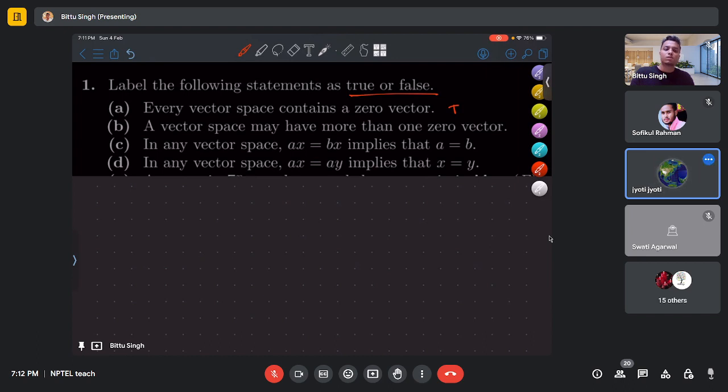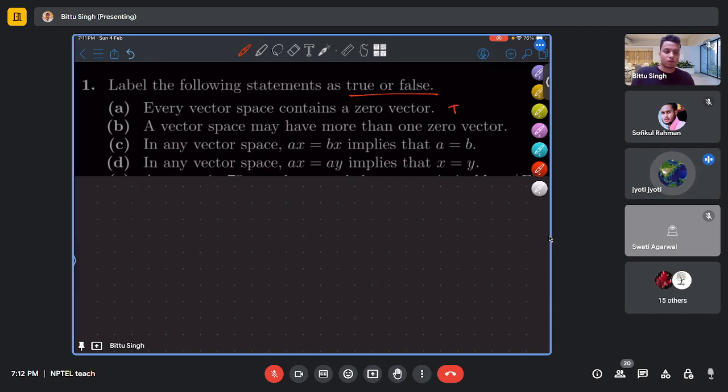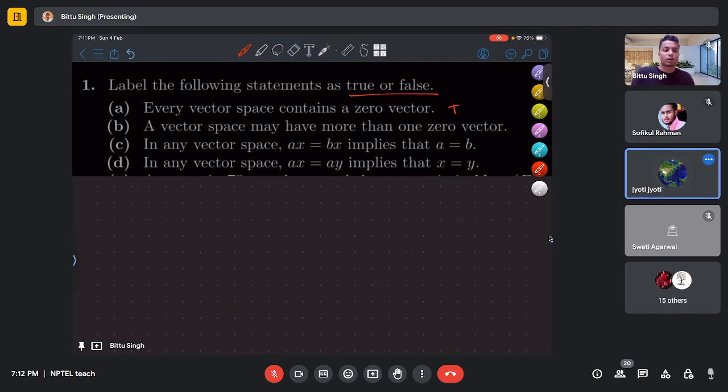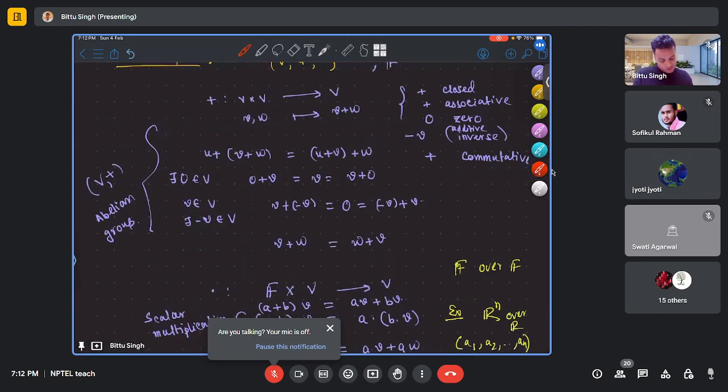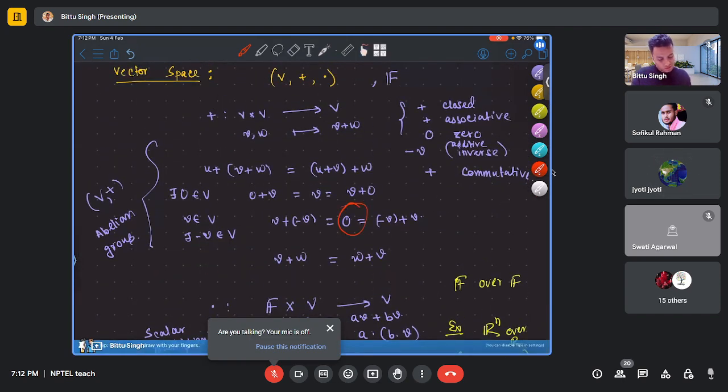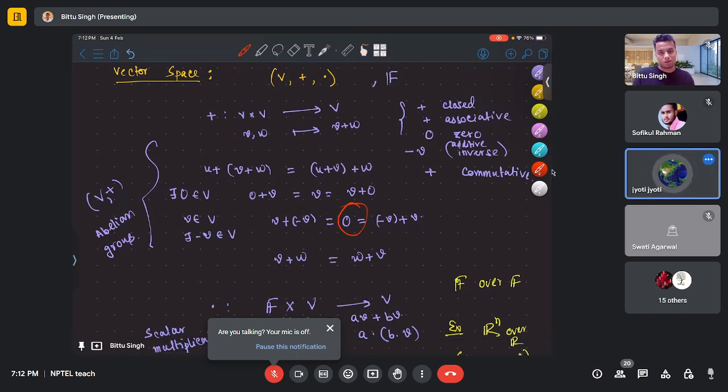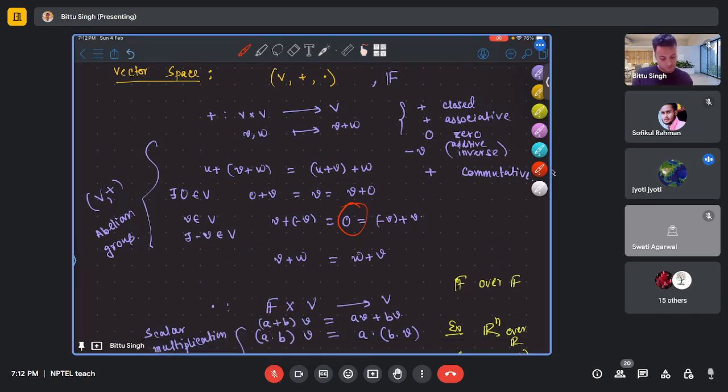If we take an unusual operation other than addition, then it may be another element, but that element is the identity. Zero here is only the notation, not the same as the number zero.